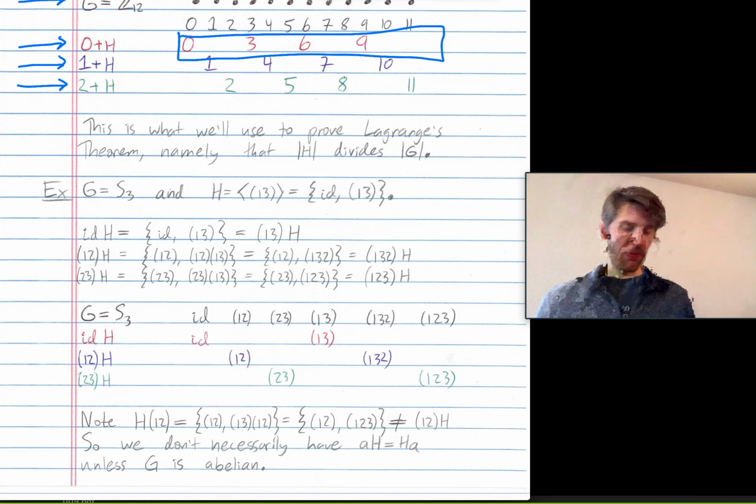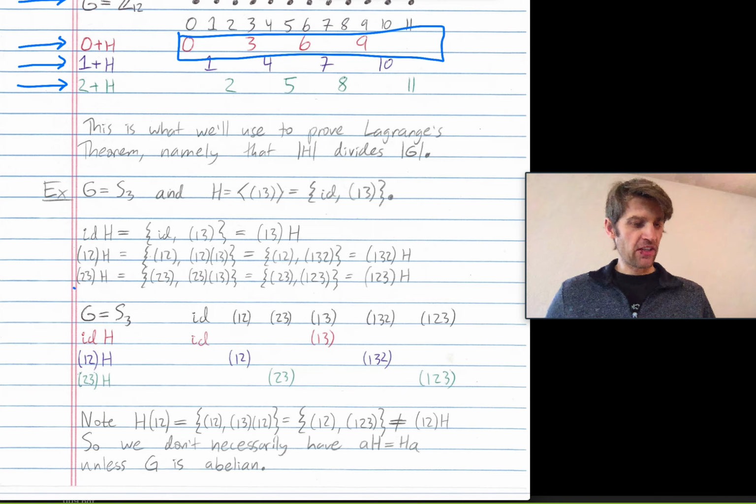Okay, and let's look at this coset (2 3)H. I multiply each element of H by (2 3) on the left, and I get (2 3) times the identity, and (2 3) times (1 3). If I multiply out (2 3) by (1 3), I get this 3-cycle (1 2 3).